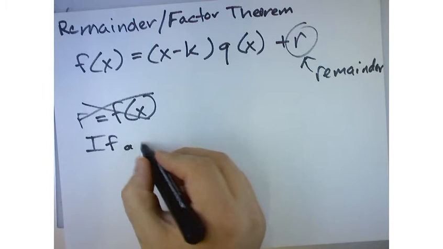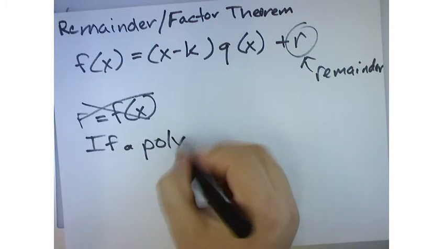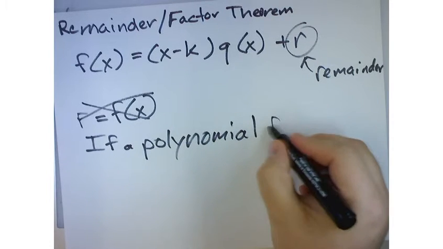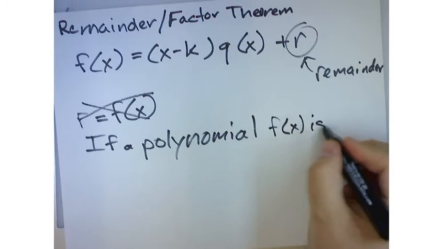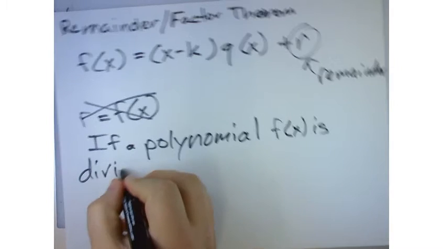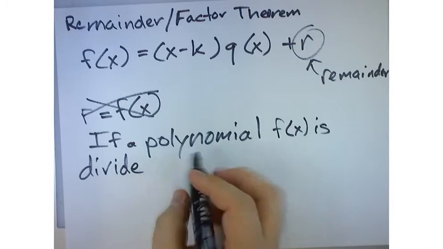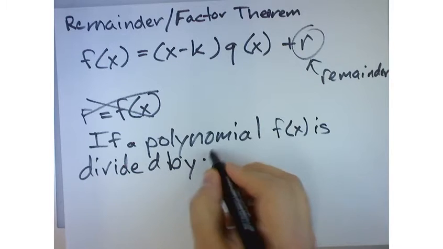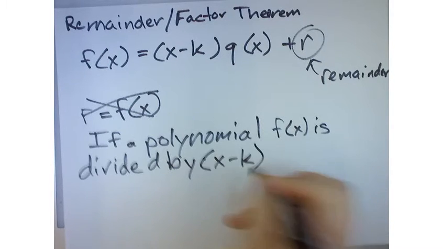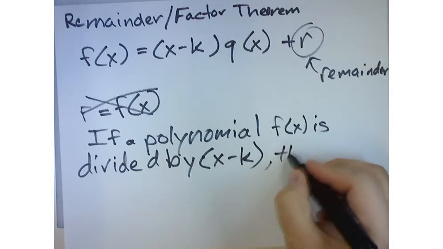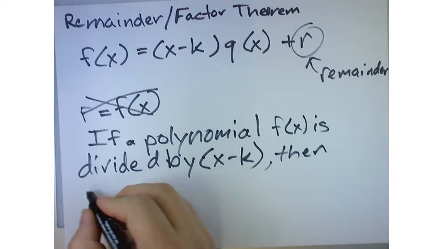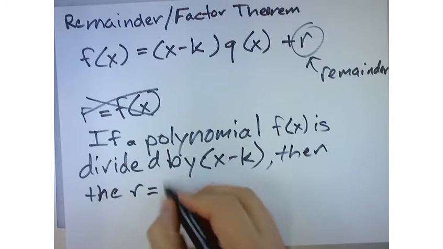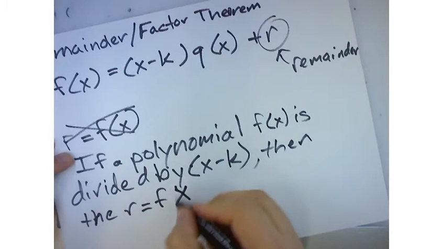If a polynomial f of x is divided by x minus k, then the remainder is equal to f of k. Okay?